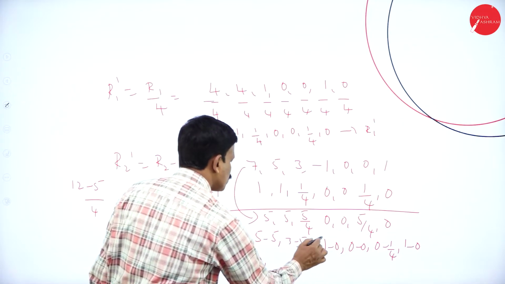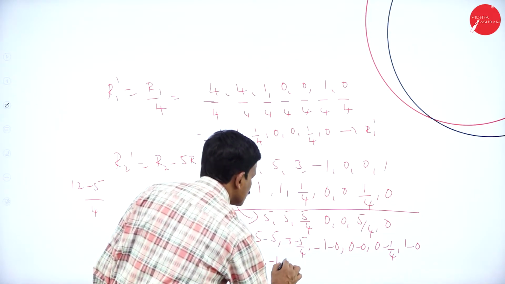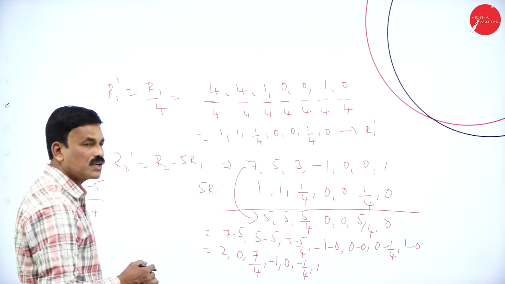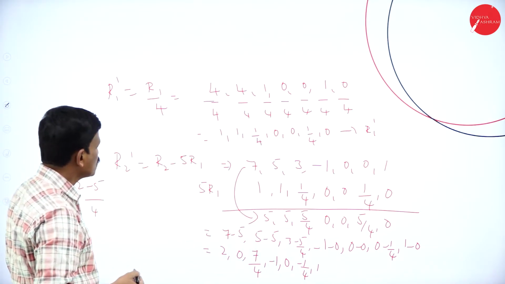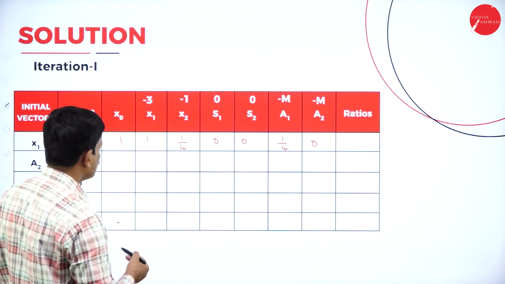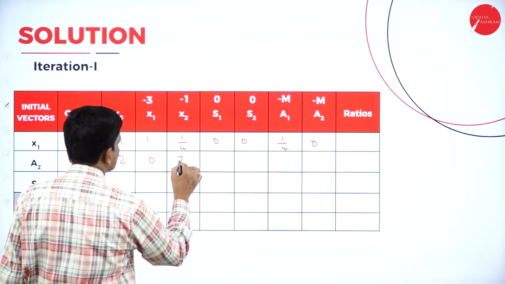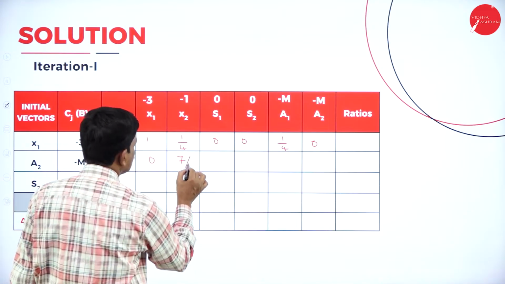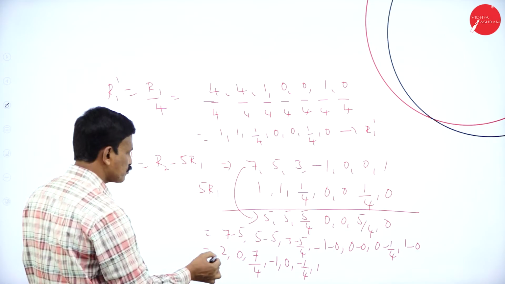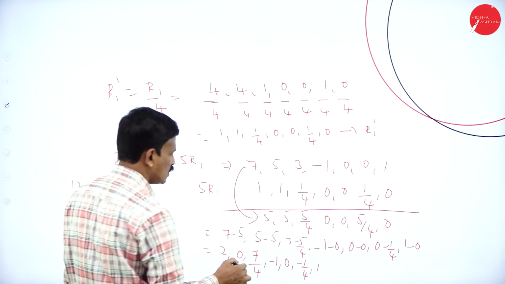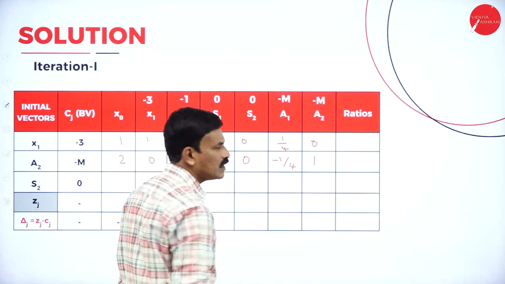Then this is minus 1 minus 0 is minus 1, 0 minus 1 by 4 and 1. So these are the values of R2 dash. Substitute here. So what are the values of R2 dash? That is 0, 2, 0, 7 by 4, minus 1, 0, minus 1 by 4 and 1. These are the values of R2 dash.